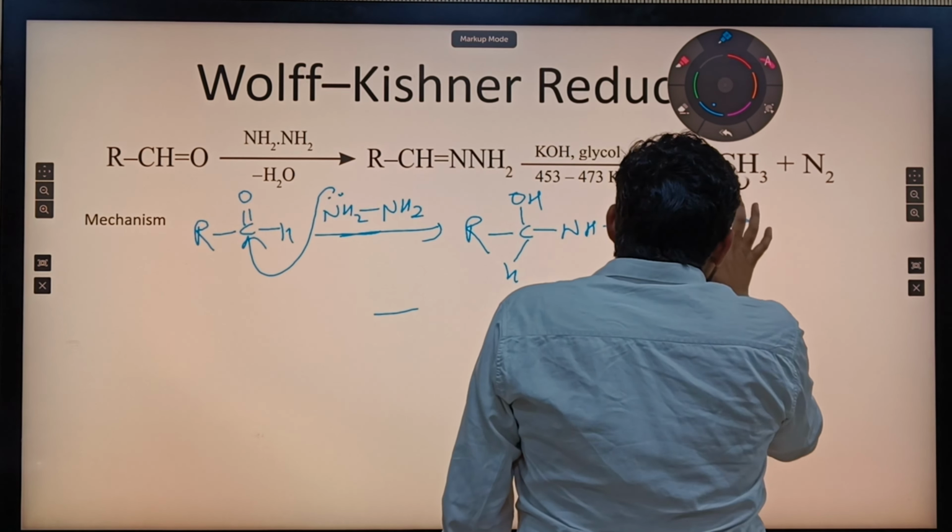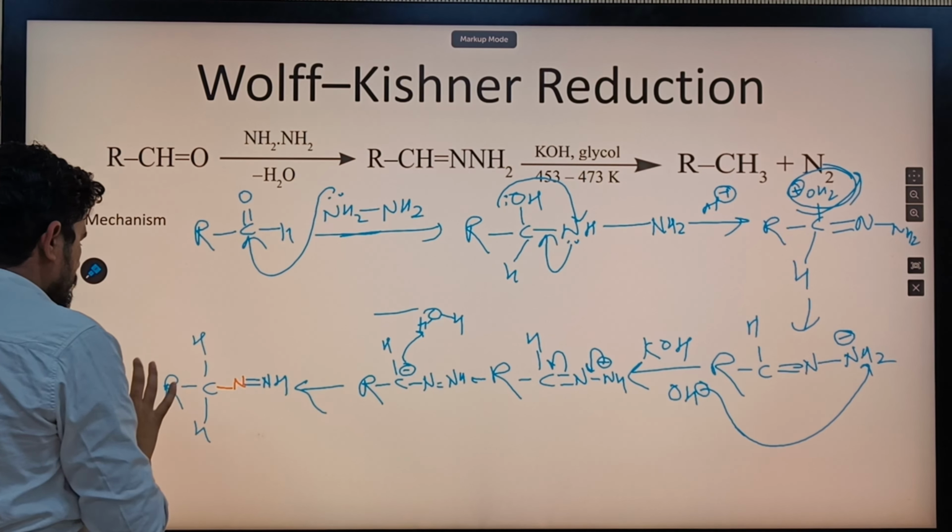Then from the H2O molecule that came out of the reaction, the proton is abstracted by the carbanion, giving CH, nitrogen, double bond NH.